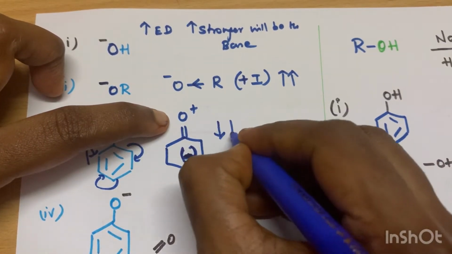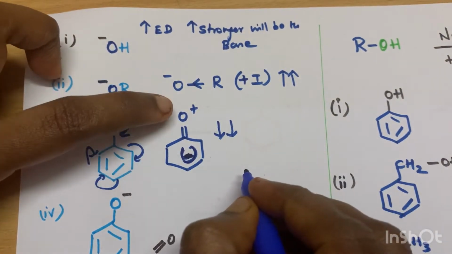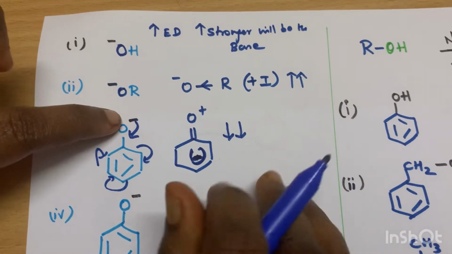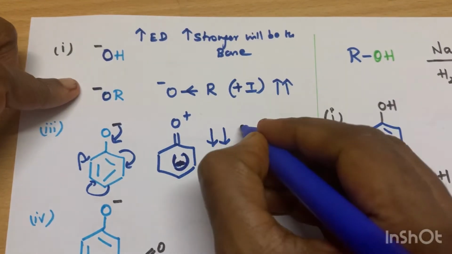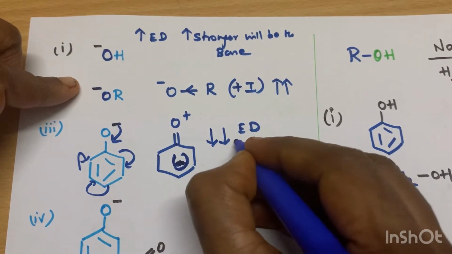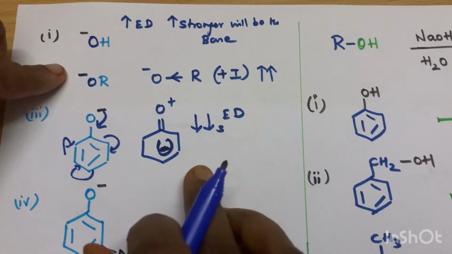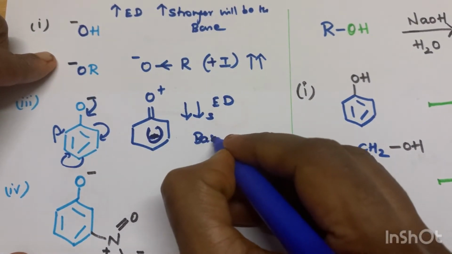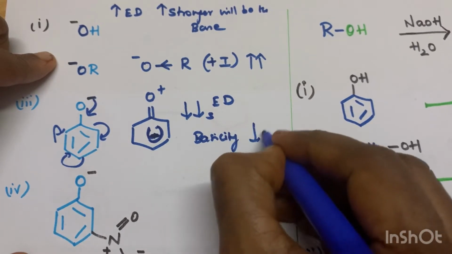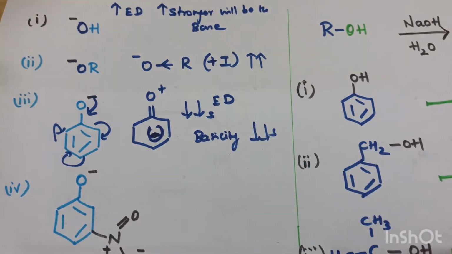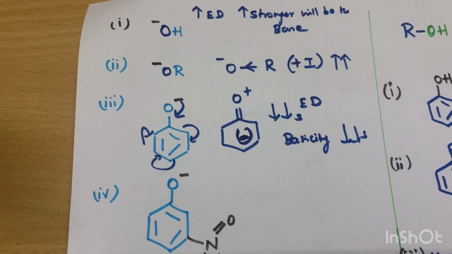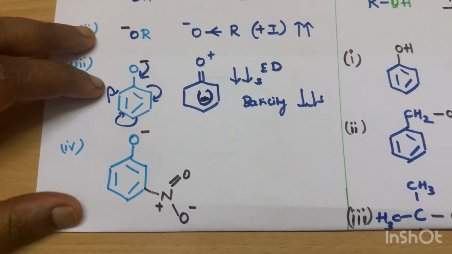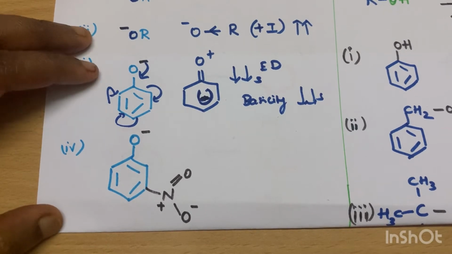It decreases due to the resonance of the anion involved in the benzene ring. So what happens? The basicity also decreases. Clear, students? On the oxygen atom we must get more electron density, then only it will act as a strong base.